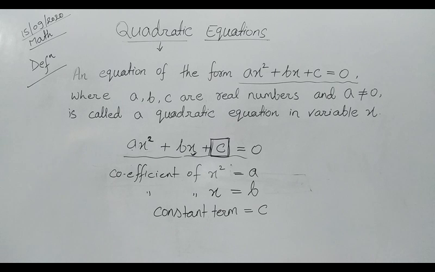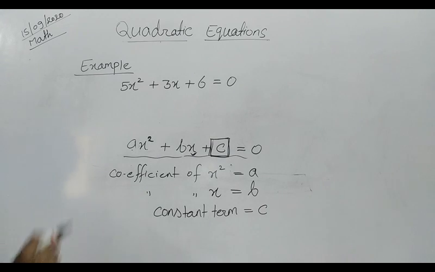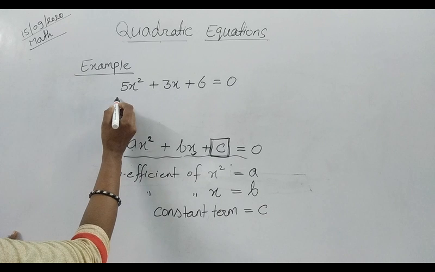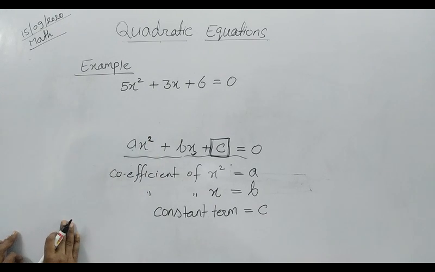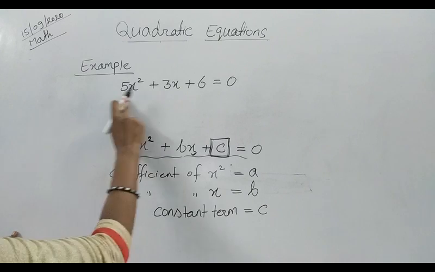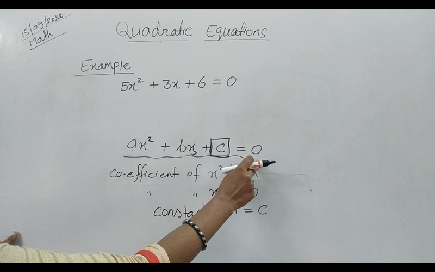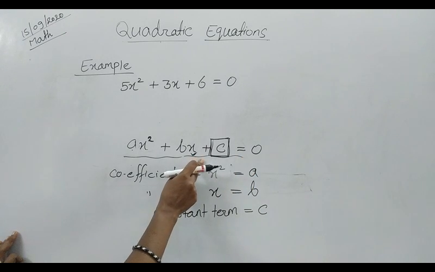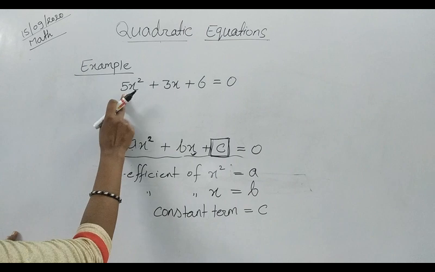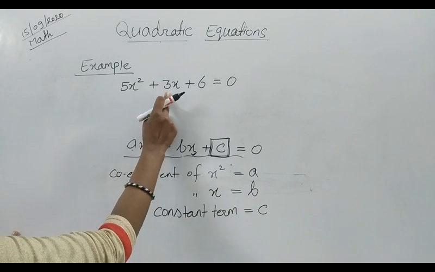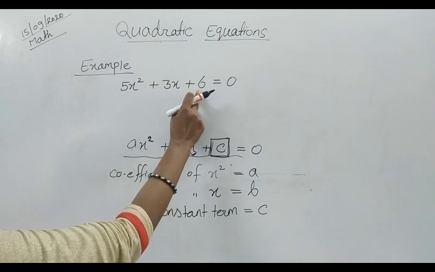Now suppose that we consider some example here. Now look at this example. This is an example of a quadratic equation. When you compare it with the general form of the quadratic equation, you can find that a is equal to 5, b is equal to 3, and c is equal to 6.